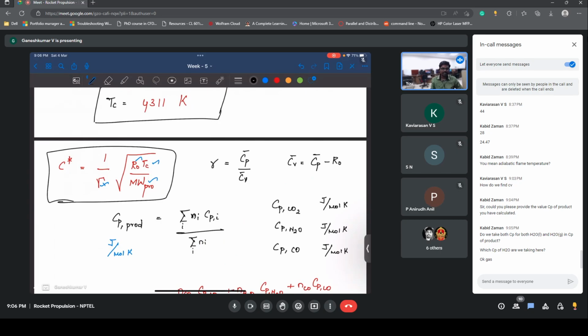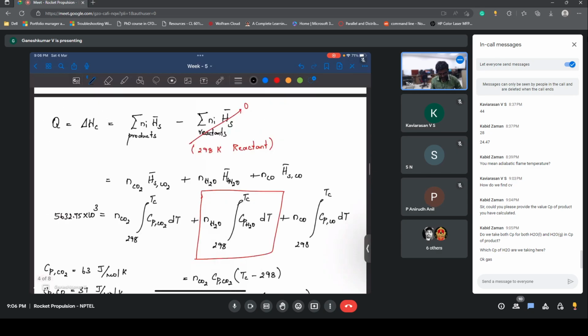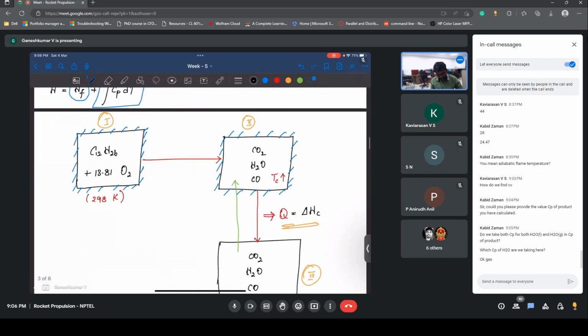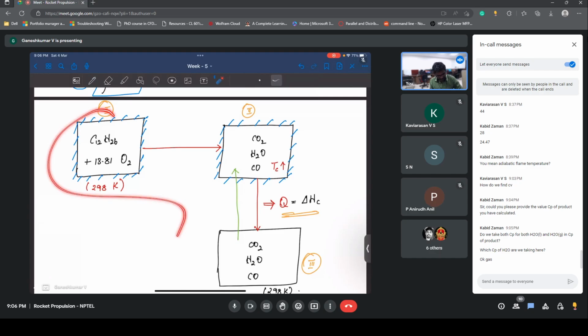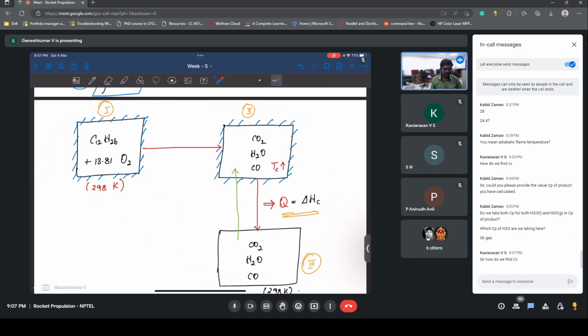We apply this formula inside a combustion chamber. Inside a combustion chamber, this is not the process you are going to go through. There's going to be simultaneous conversion of CO2 and simultaneous release of heat. This process is just for you to calculate the adiabatic flame temperature, okay?